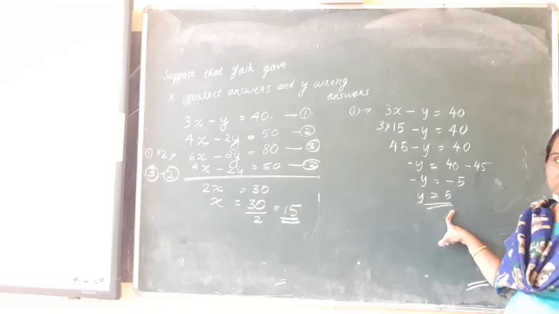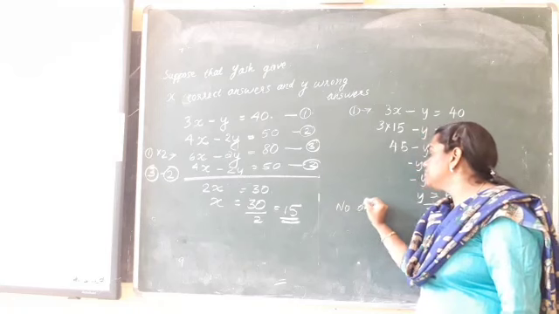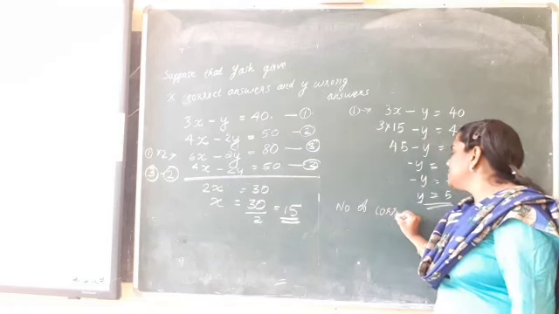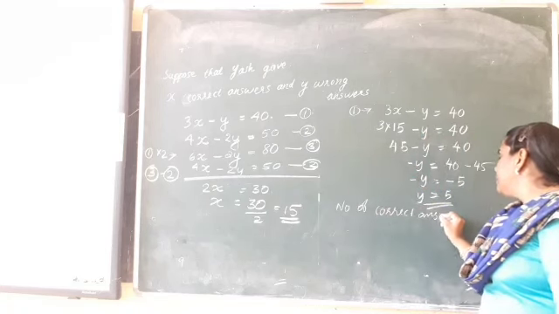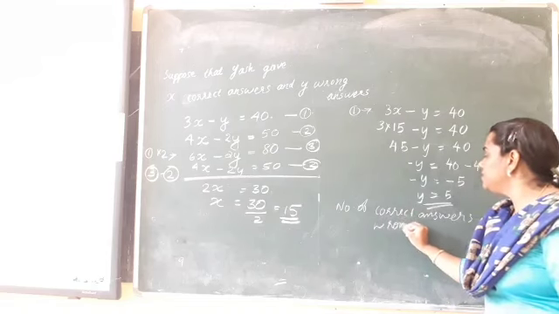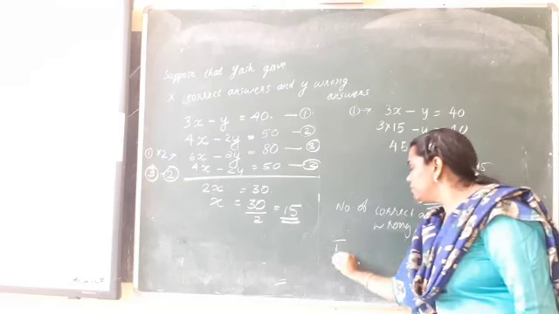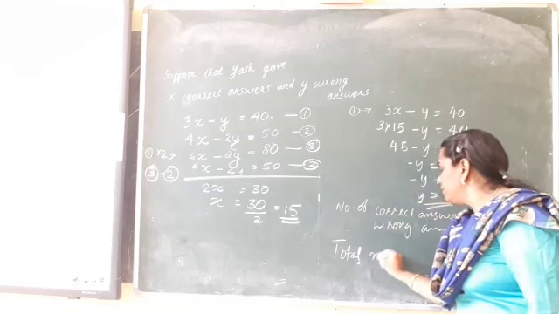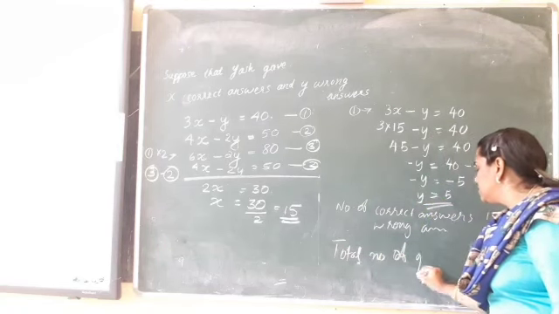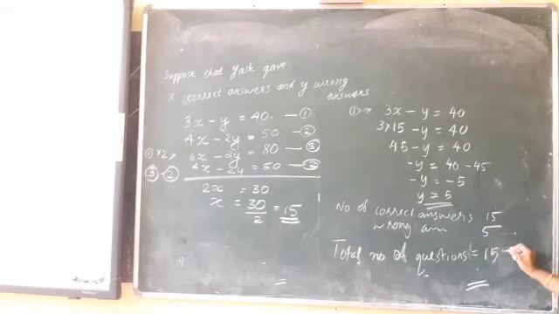Total number of questions is correct answers plus wrong answers, 15 plus 5. There are 20 questions in total. Clear?